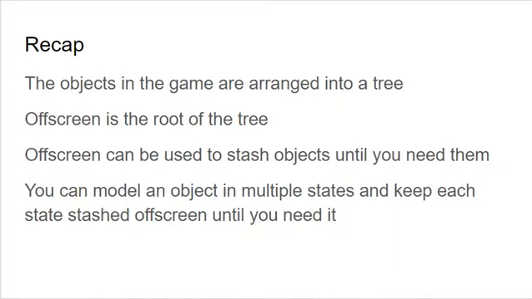And if you need an object that's going to transition through a series of states, you can model that one object using several objects and keep the unused states off screen, switching them out as needed to make it appear like that torch is burning down, or that lantern is running out of battery power.